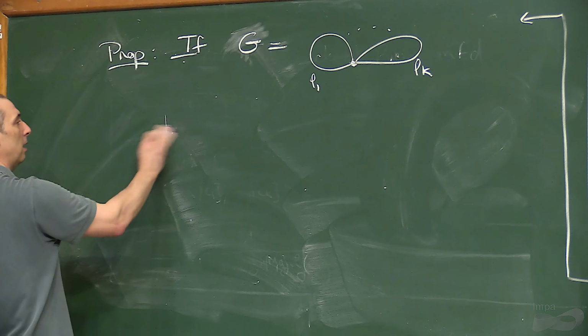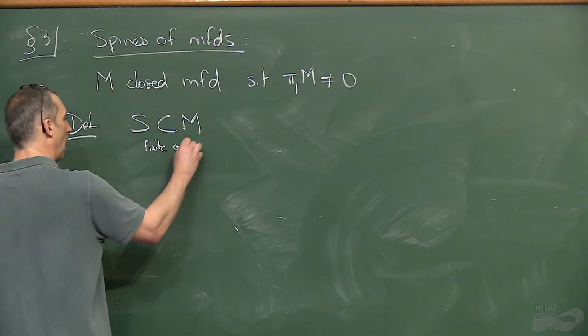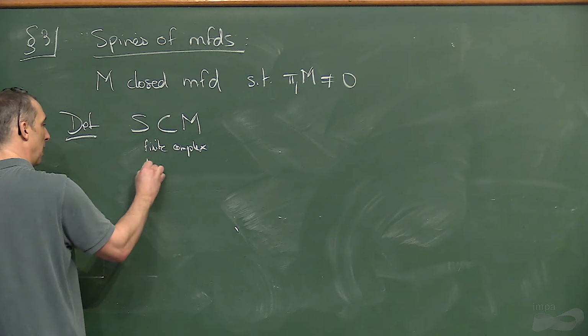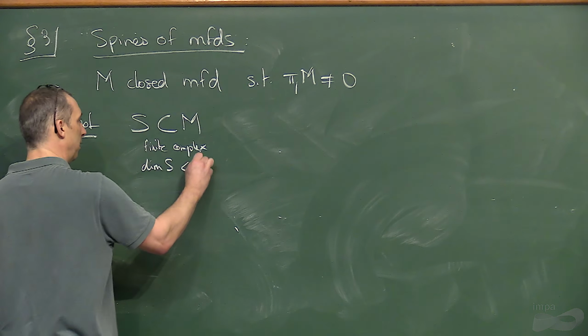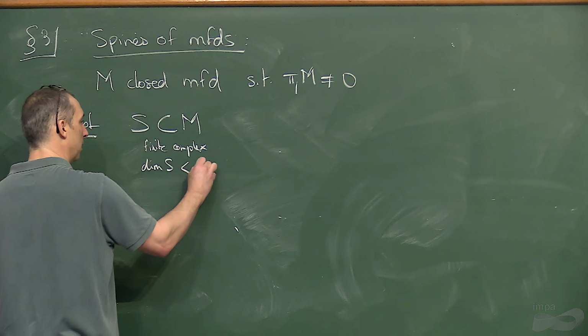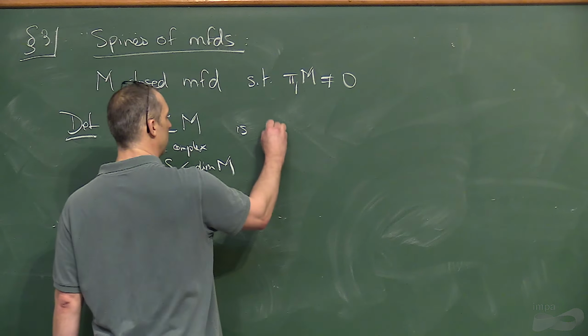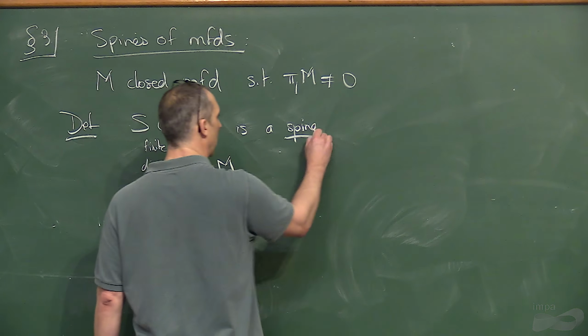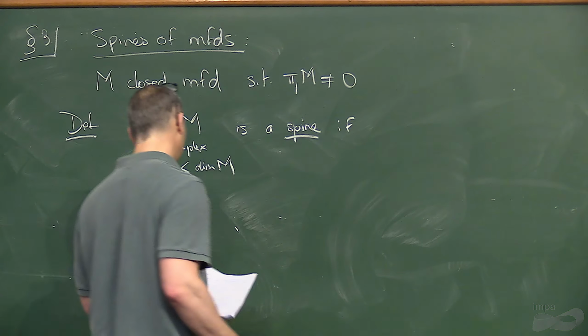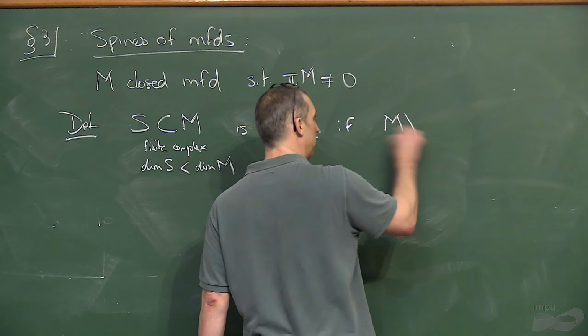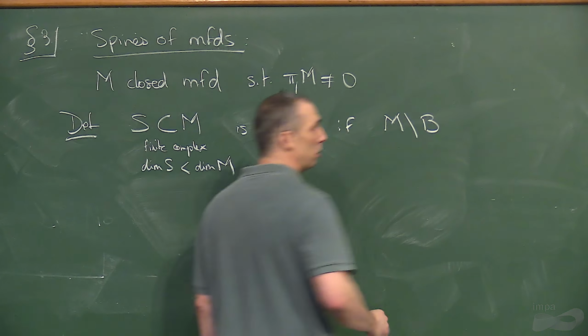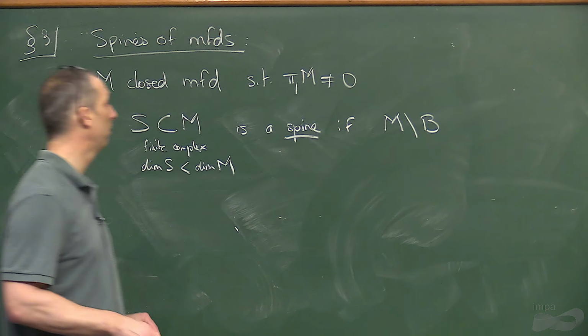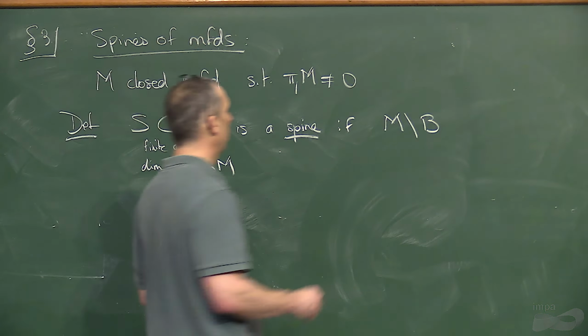Then we will define the spine. A spine of a manifold M will be a subcomplex S, a finite complex. Here we will suppose always that the dimension is less than the dimension of the manifold. Okay. So this is a spine if you can collapse the manifold M, from which you have removed an open ball, so if this collapses topologically to S. So what does it mean?